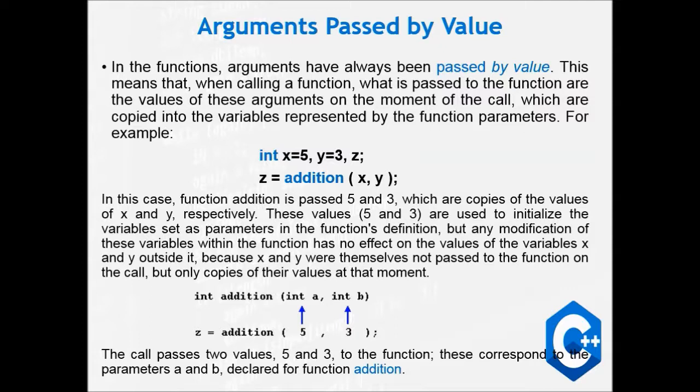These two parameters int a and int b take the values of the x and y arguments from the function call, which is written as z is equal to addition(5, 3). So the call passes two values 5 and 3 to the function. These correspond to the parameters a and b declared for function addition.